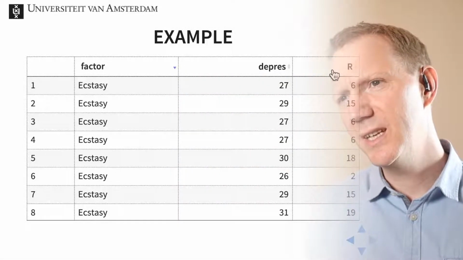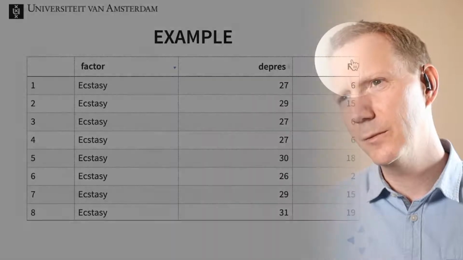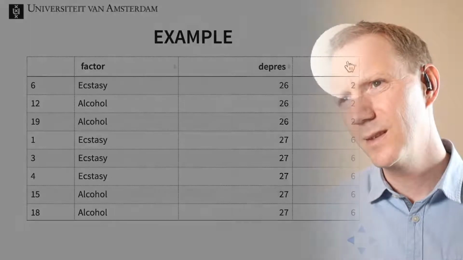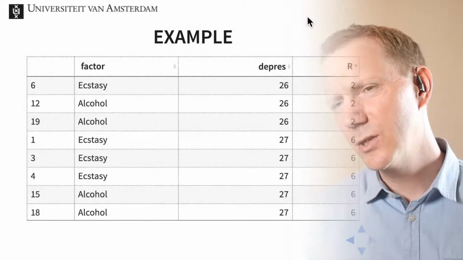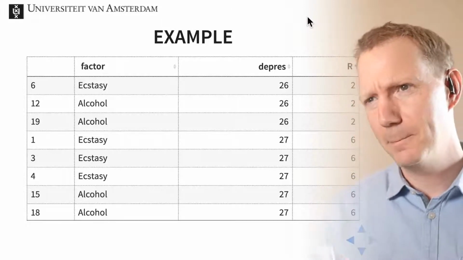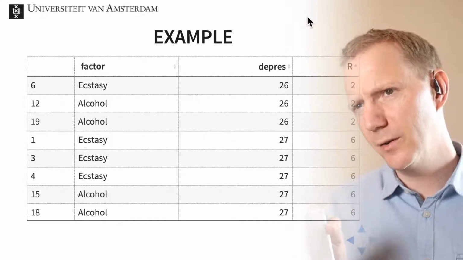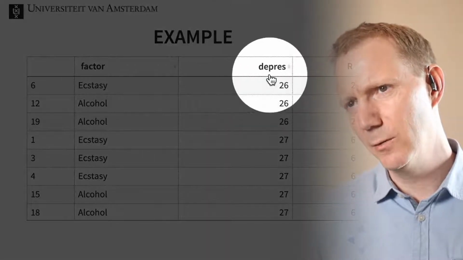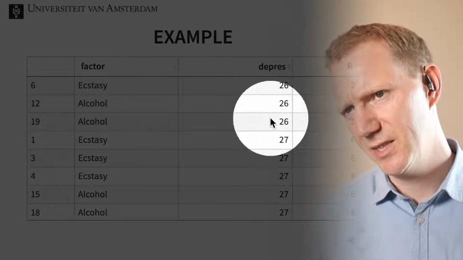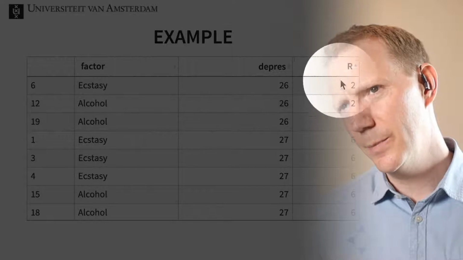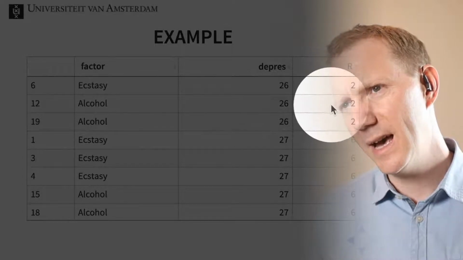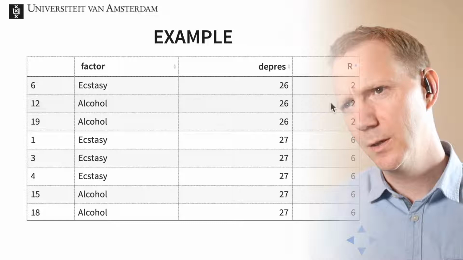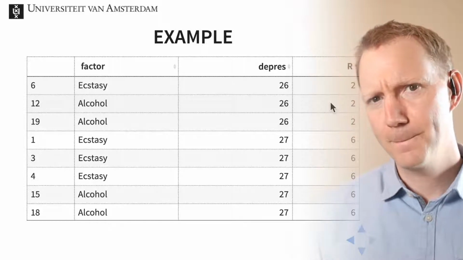And what we see here is that if we order those, we of course see that these depression scores are equal, 26, 26, 26. So the rank that we have is 2. Do you understand why?